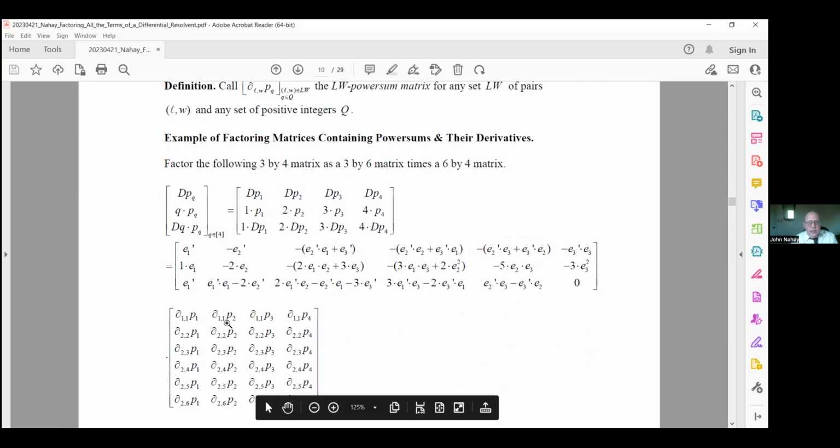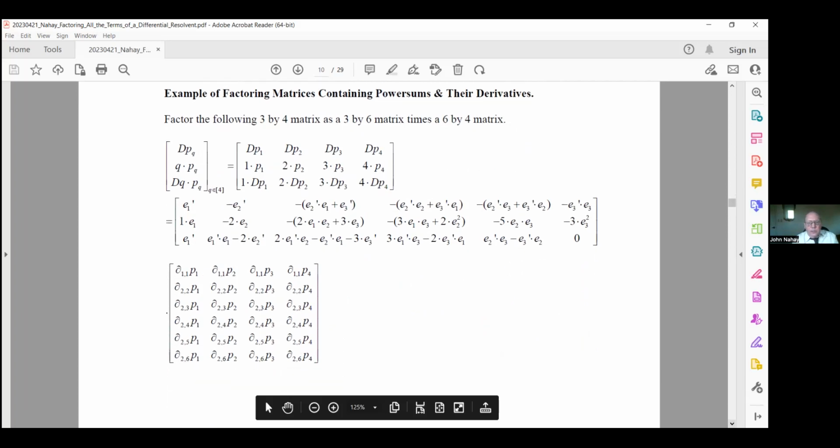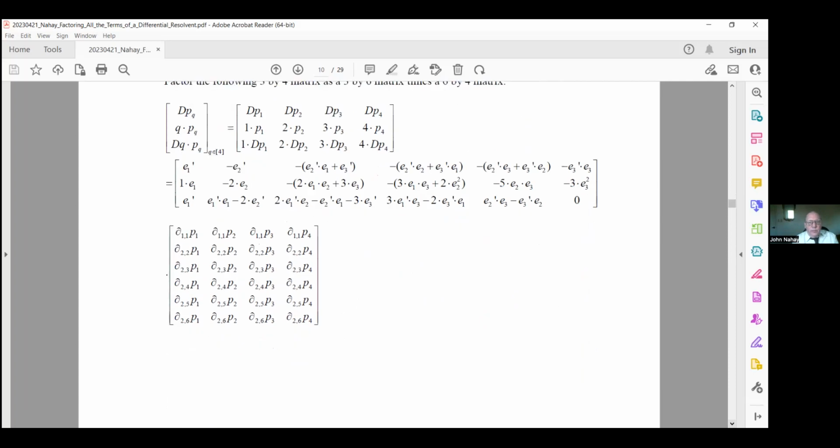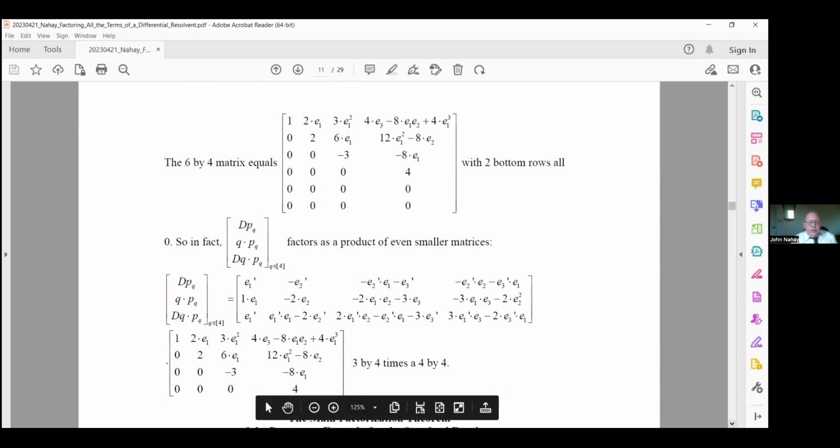This is a 6x4. The 6x4 matrix happens to have the last two rows all 0. So in fact, this 3x4 matrix factors as a product of even smaller matrices. It factors as a 3x4 times a 4x4. So that's just to give an example of what we're going to be doing.